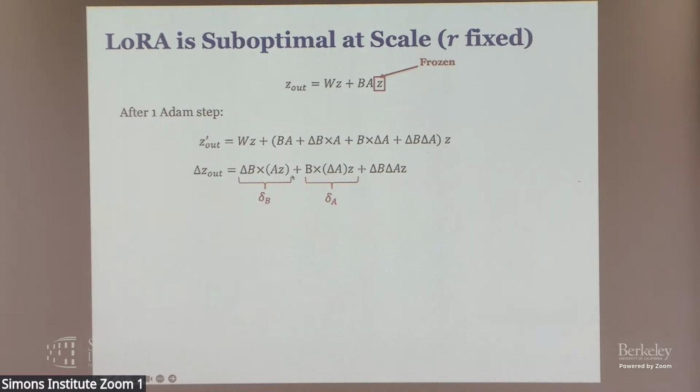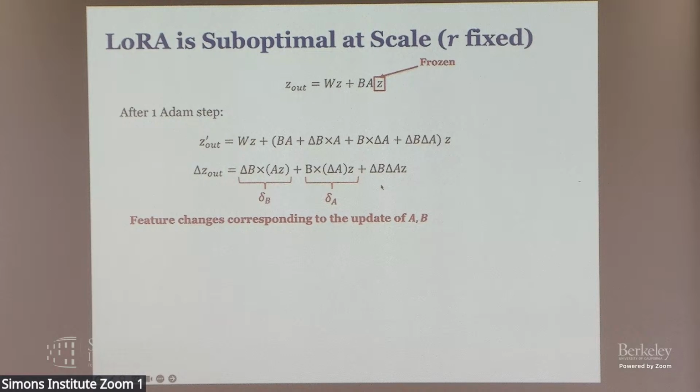So this term is linked to the contribution of B in the updates of these features, and this one corresponds to the update of A in the feature change. The way to think about this is, when you update A and freeze B, this is what you get, and vice versa. Let's just forget about this third term for now. We don't have to worry about it.